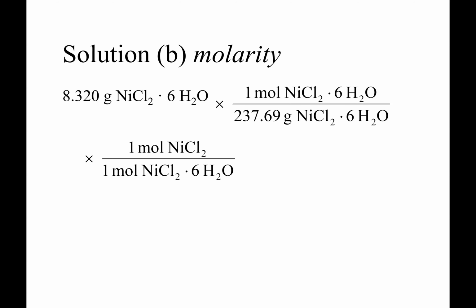So what this third term does is it says I have 1 mole of the NiCl2 for every 1 mole of the NiCl2·6H2O. All right, fine. Now, you told me 4 sig figs, so you're looking at 0.03500, and units at that point would be moles of NiCl2.